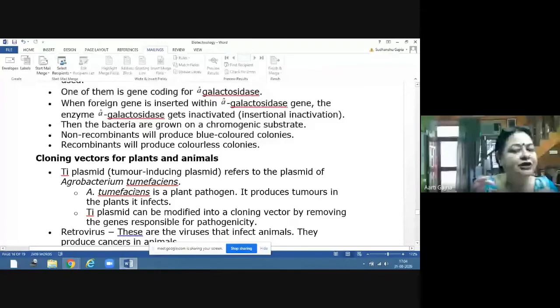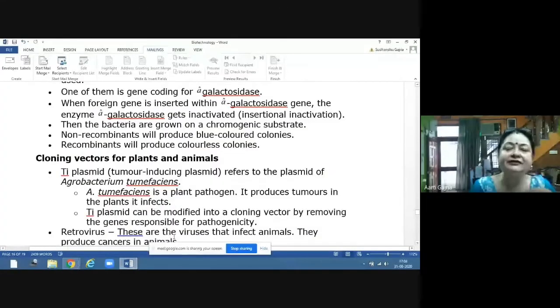This is a plant pathogen which creates tumors in plants. It infects the plant and produces tumors in the plant. But what the scientists have done is they have modified this TI plasmid into a cloning vector by removing the genes which are responsible for the pathogenicity.